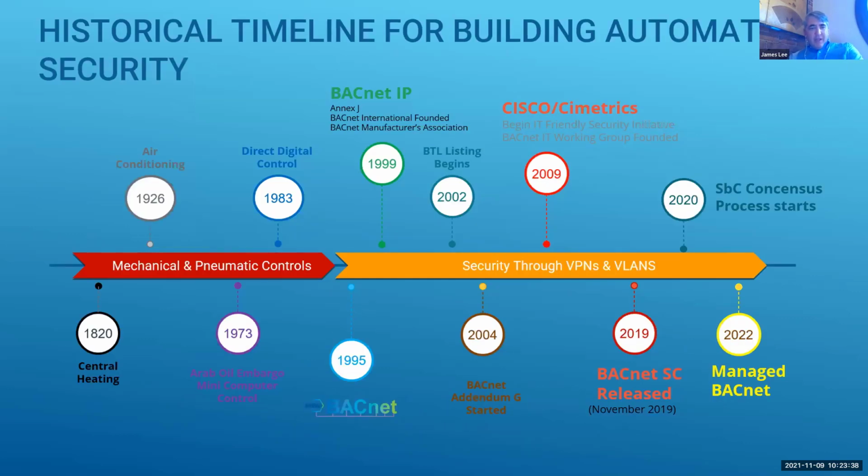So I put together a little timeline here, which shows the beginnings of heating in 1820, central heating and central air conditioning in 1926, and the Arab oil embargo and energy shocks associated with that, and the introduction of direct digital control in 1983. By 1995, we have BACnet, but the internet is coming up very quickly. Remember, BACnet is largely designed before the internet comes into its own.